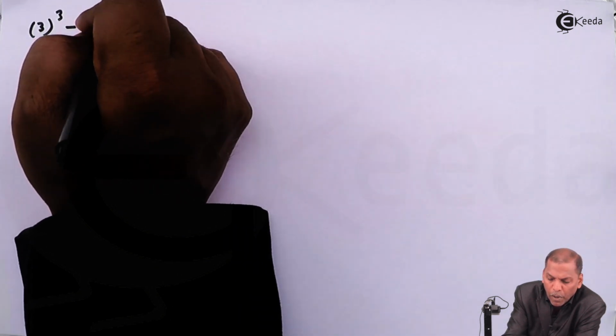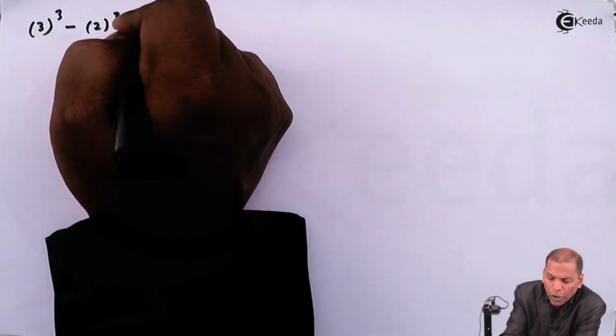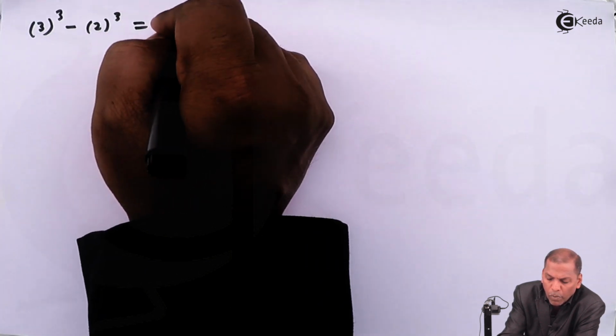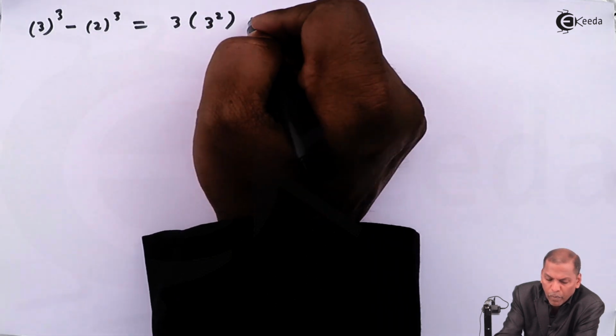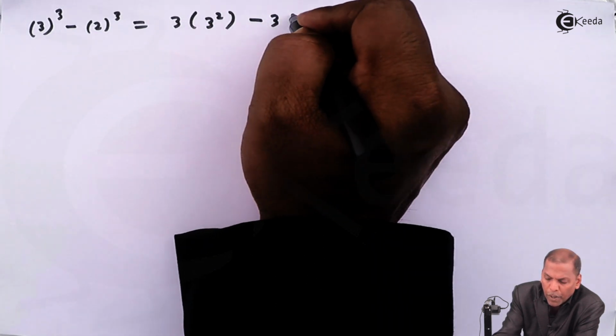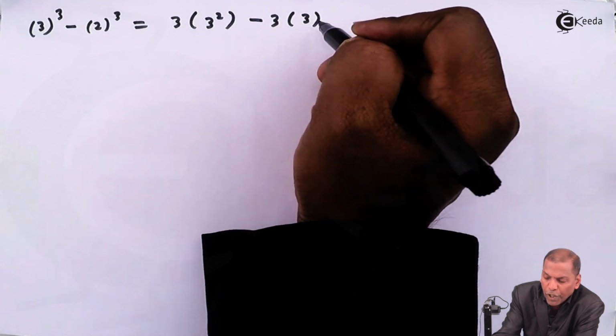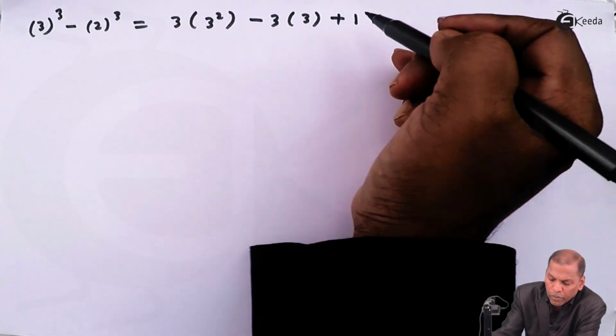Now we put x equal to 3, so we get 3 the whole cube minus 2 the whole cube equal to 3 times 3 square minus 3 times 3 plus 1.